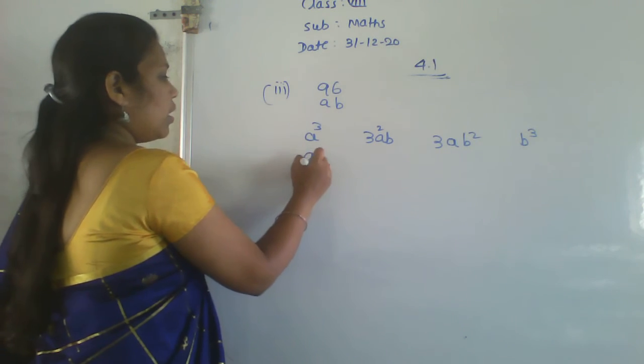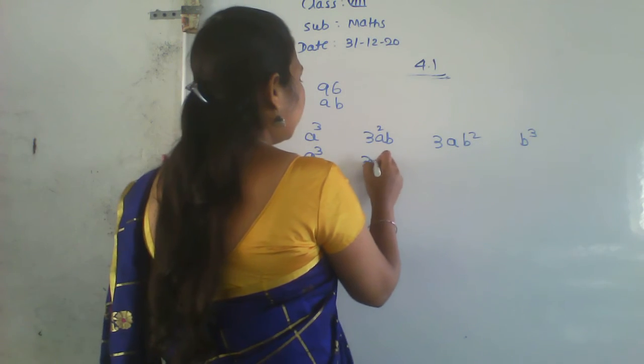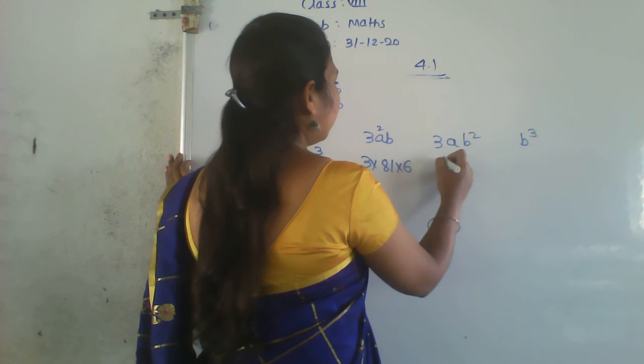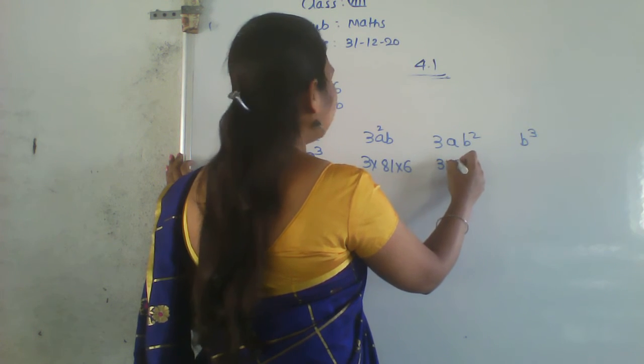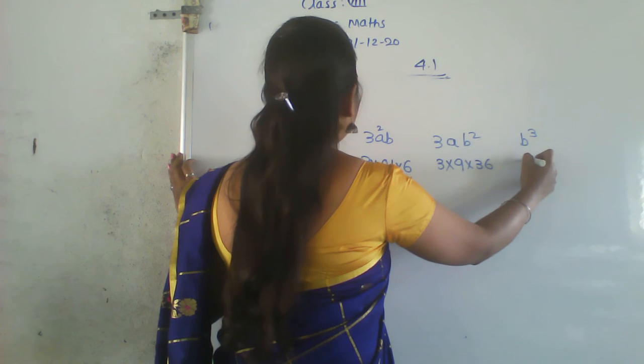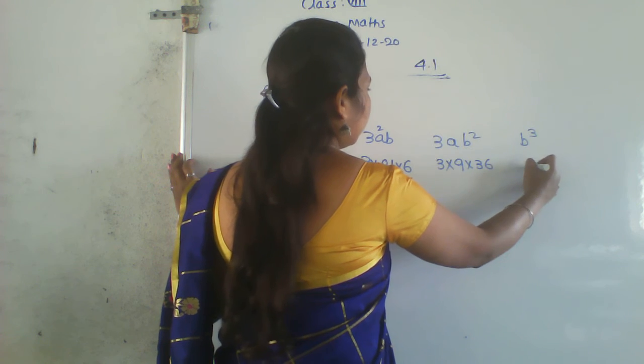So here 9 cube, 3 into 9 square is 81. B is 6 and A is 9, B square is 36 and B cube is 6 cube.